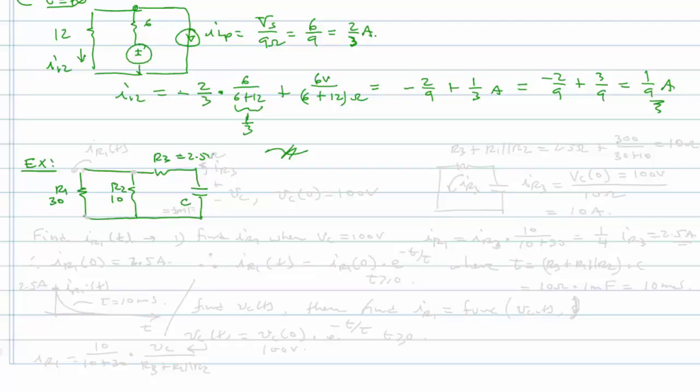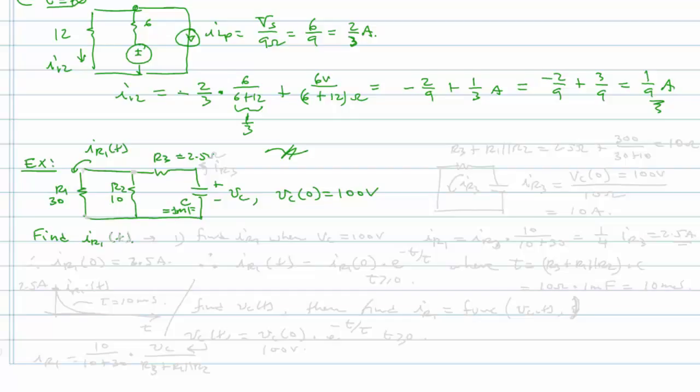The capacitance is 1 millifarad, and the voltage VC has initial voltage at time 0 of 100 volts. And the question is, find IR1 of T. Okay.